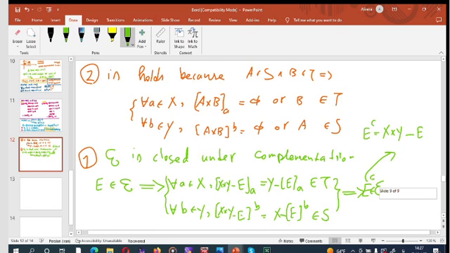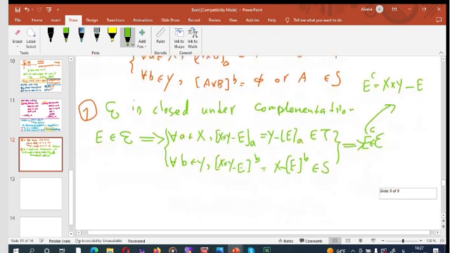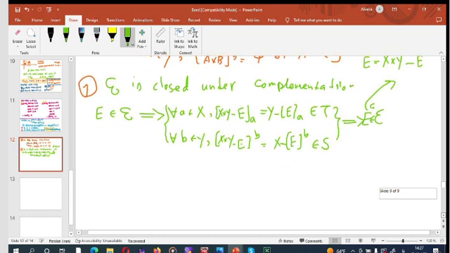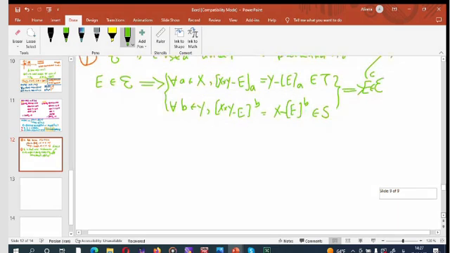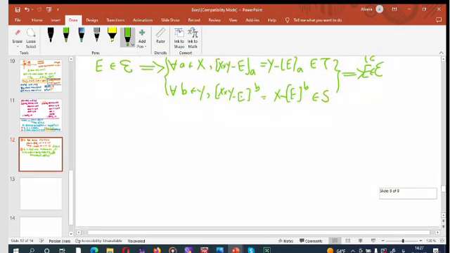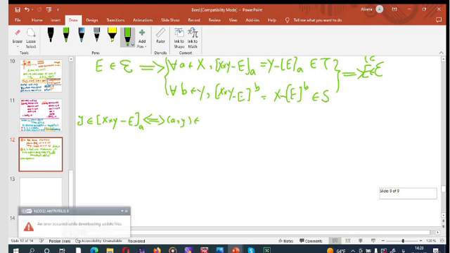So E is closed under complementation, and this equality holds because if you consider, for example, an element of this set, this is equal to (A, y) must belong to this set, okay?